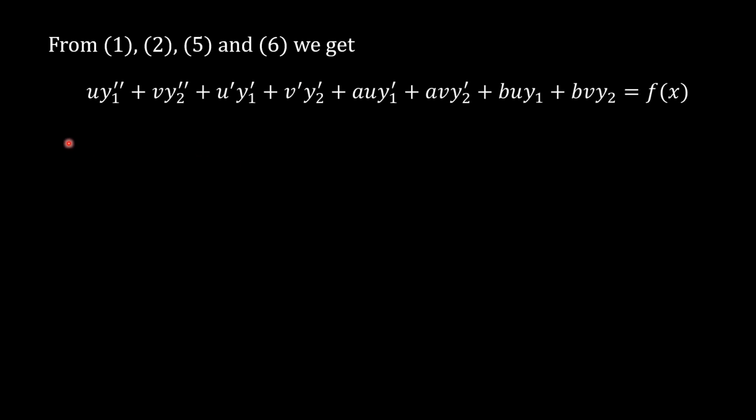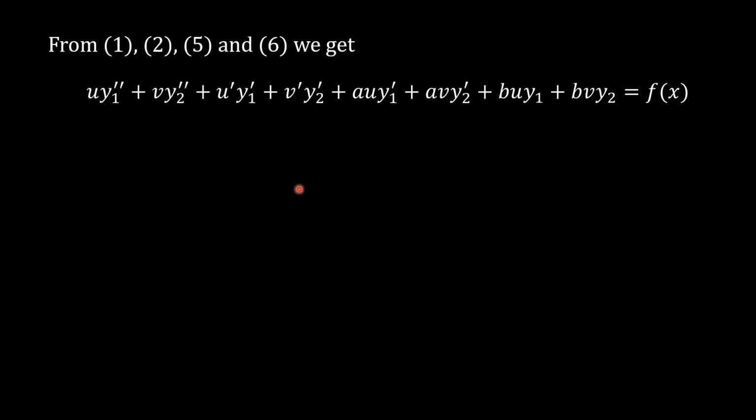Now, from expressions 1, 2, 5 and 6, we will get the following. In expression 1, we have replaced y by u into y1 plus v into y2, then y dash by u into y1 dash plus v into y2 dash, and y double dash by u into y1 double dash plus v into y2 double dash plus u dash into y1 dash plus v dash into y2 dash.